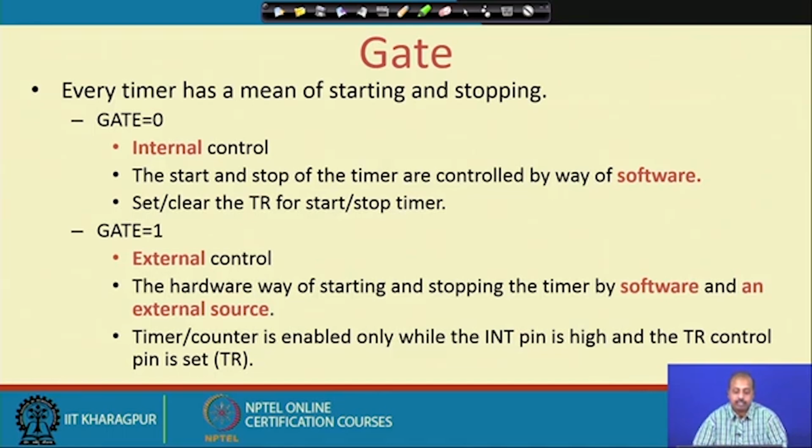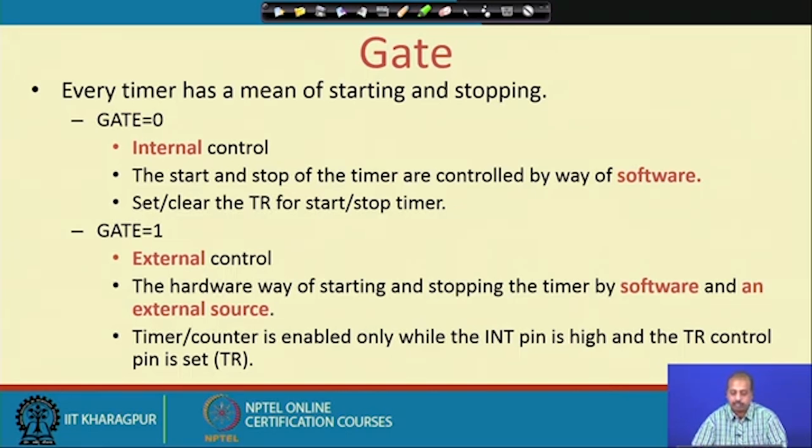On the other hand, gate equal to 1 is external control. It is both by software and external source, so both software and hardware will control the timer. In this case the timer will be enabled when the INT pin is high and the TR control bit is set.